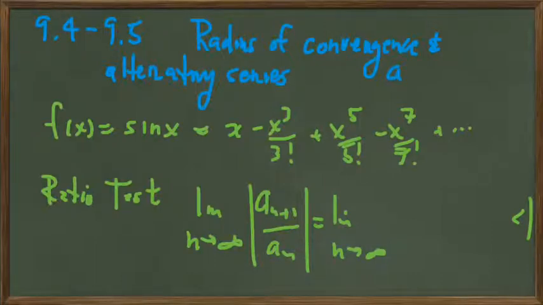It looks like this: x to the 2n minus 1 divided by 2n minus 1 factorial. Notice that this exponent 2n minus 1 gives us the odd numbers, right? When n is 1, it's 1. When n is 2, it's 3. When n is 3, it's 5, etc.